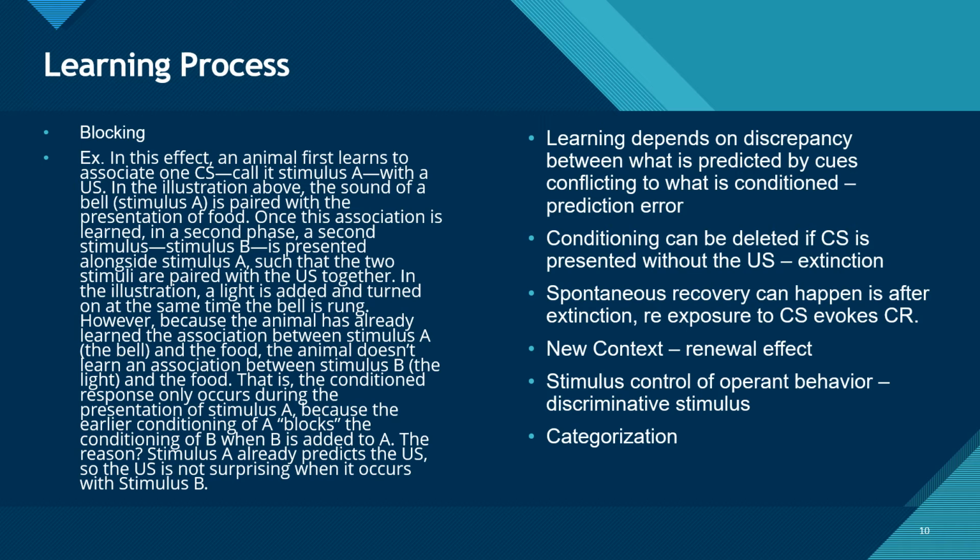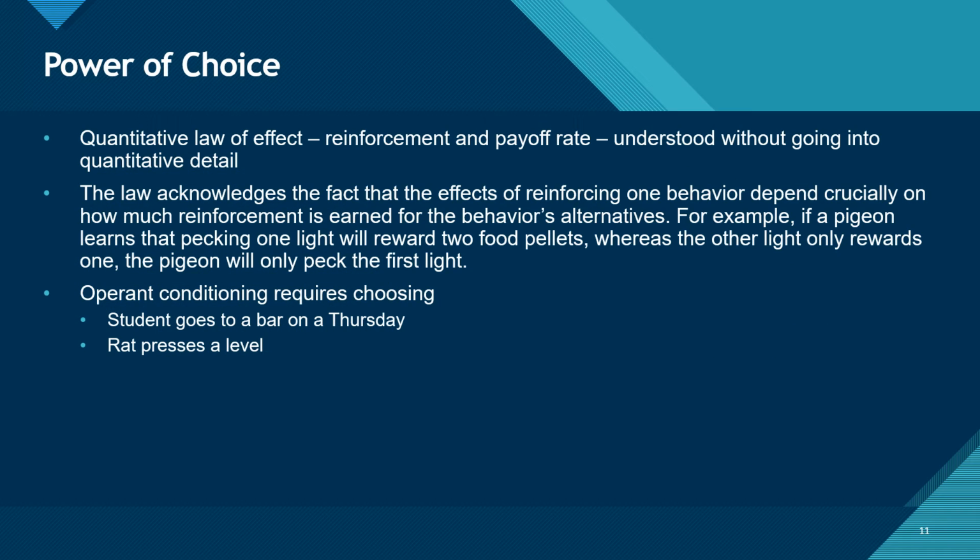And another part of the learning process would be categorization. So there's the quantitative law of effect. So choice is really powerful in operant conditioning. So quantitative law of effect, reinforcer and payoff rate, understood without going into quantitative detail.